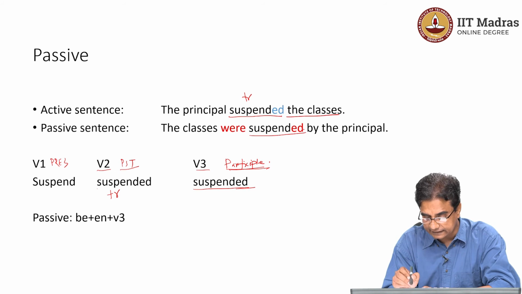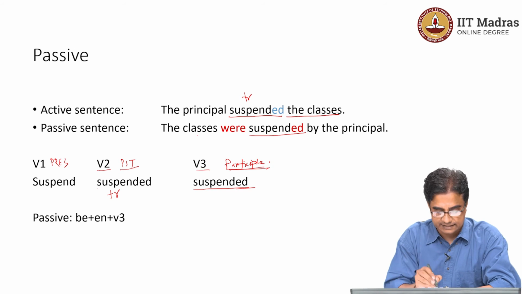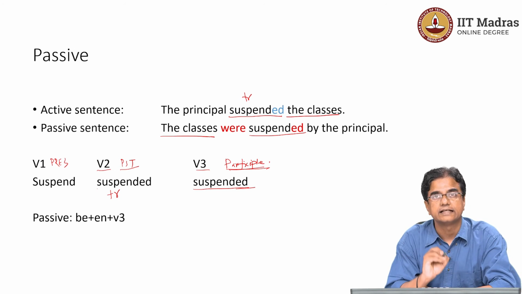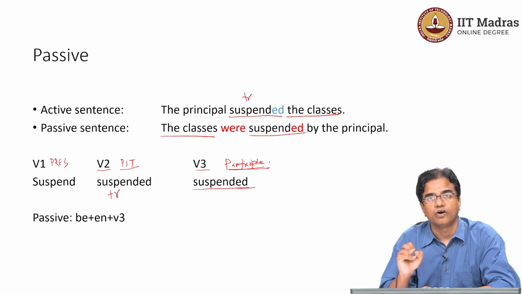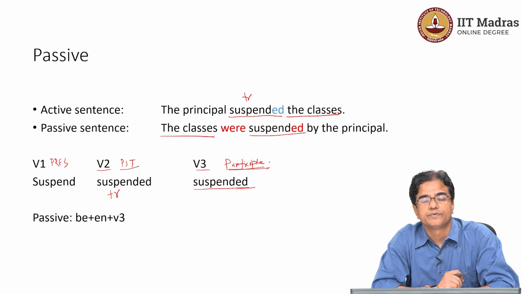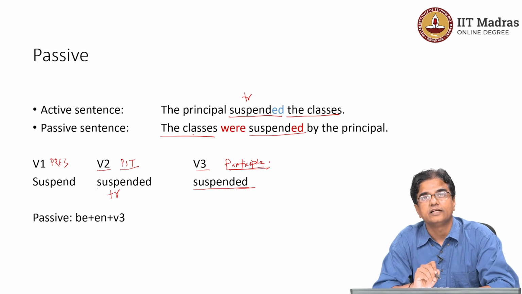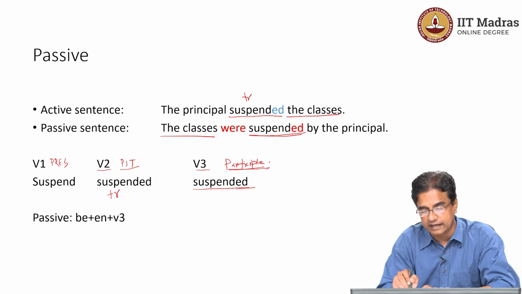Suspended here is a participle form and participle forms do not take an object. Hence, classes cannot be the object of the verb suspended in passive construction. One more time, classes cannot be the object of the verb suspended because it is in participle form.